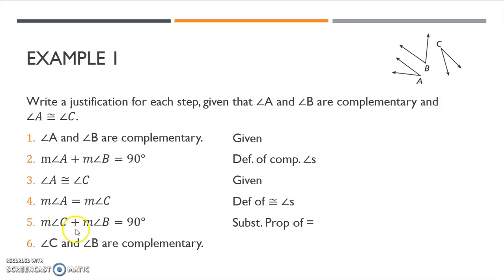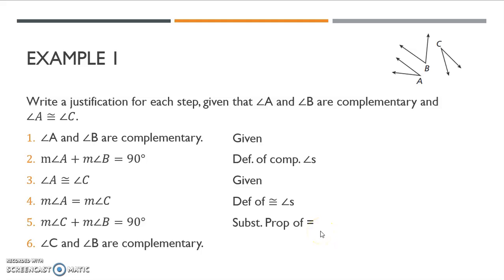Okay, notice how statement 5 looks very similar to statement 2. All they did is switch angle A for angle C. And notice we're allowed to do that because A is equal to C. So I'm allowed to replace angle A with angle C. And the thing that lets me replace something with something that it's equal to is the substitution property of equality.